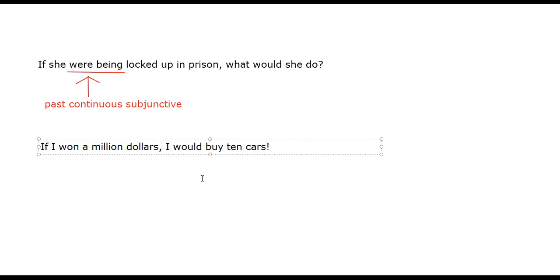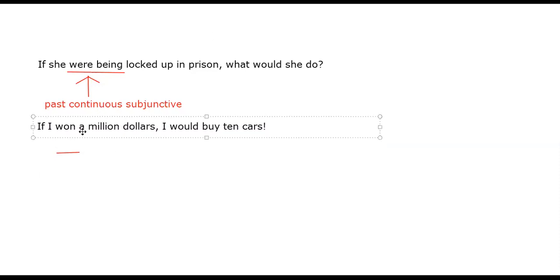So here we have past simple subjunctive, won. If I won $1 million, I would buy 10 cars. This is not the indicative, this is the subjunctive, because this is a hypothetical. We're imagining winning $1 million. Let me move this up.